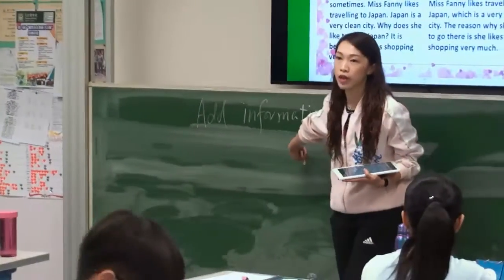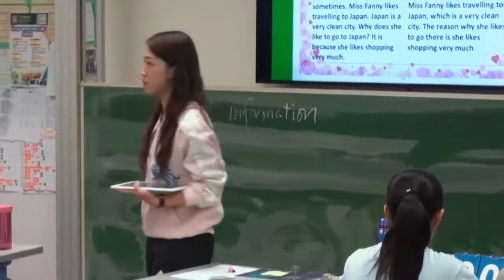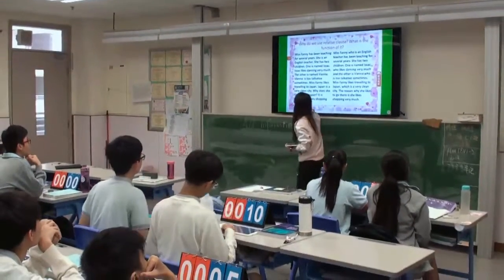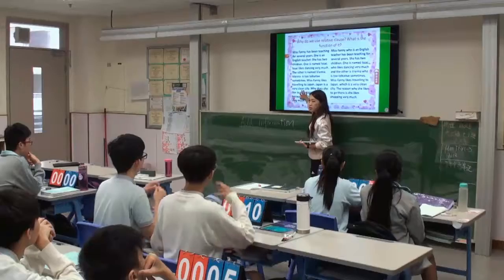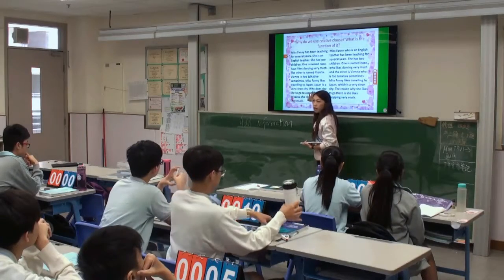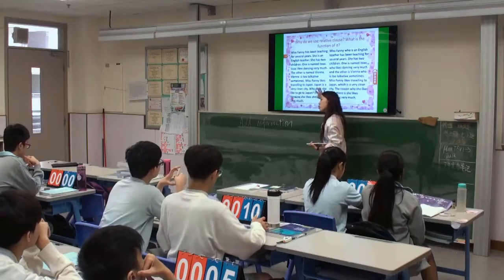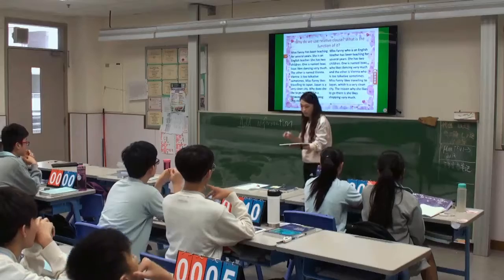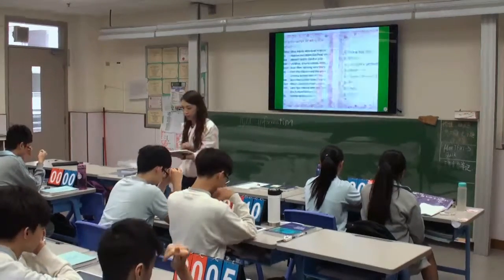So when we want to add information, we can use a relative clause. However, maybe this part in the first story is better than this one because it has a question to get readers' attention. So not every sentence can use a relative clause, right? Let's take a look at one more example.